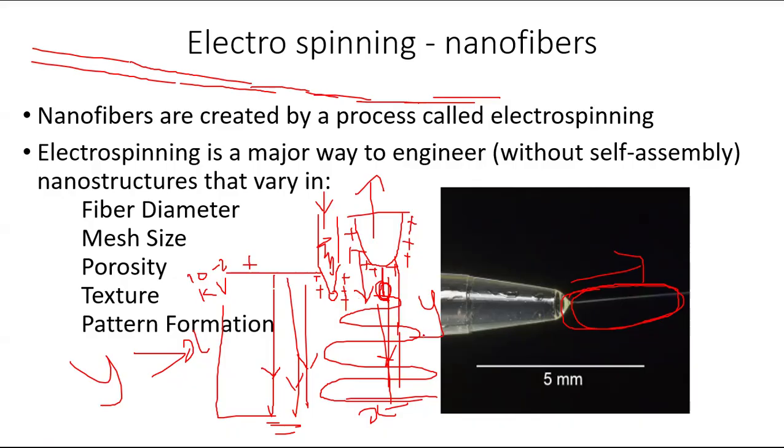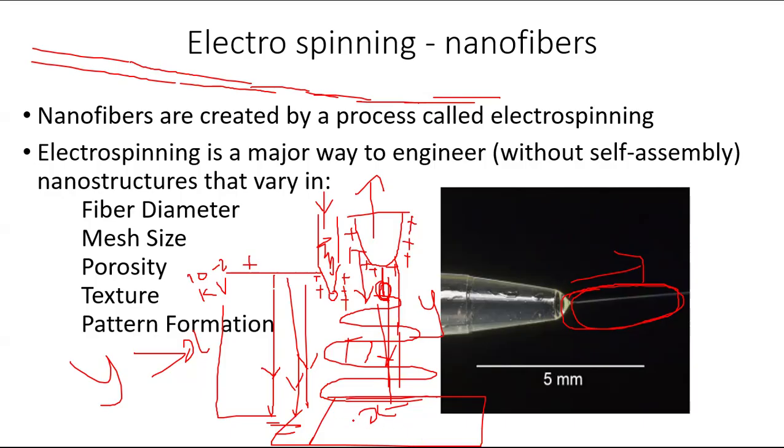Once it follows this longer pathway, since its diameter is very small, the surface area is very high, so the solvent which dissolved the polymer solution tends to evaporate without any force, and then it gets solidified on a specific collector plate.